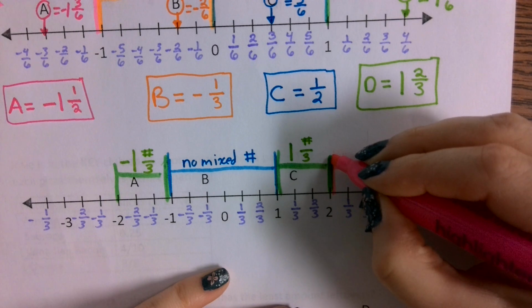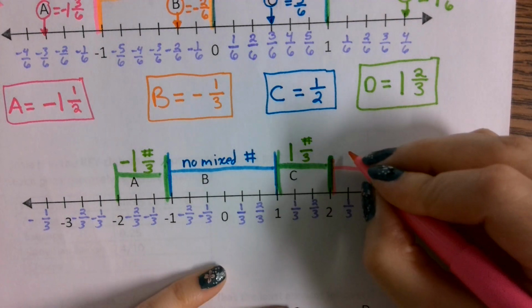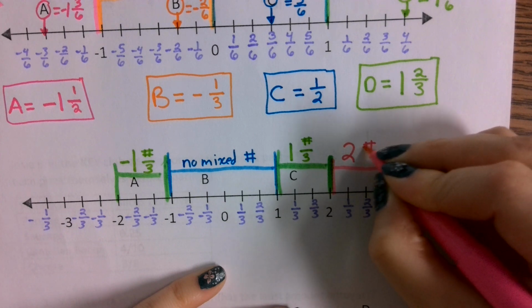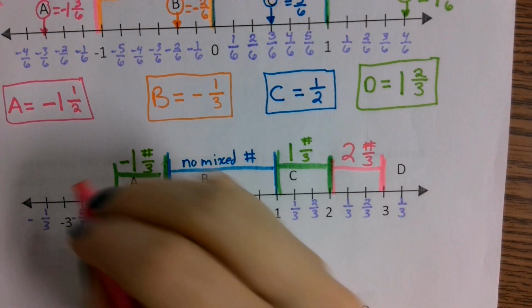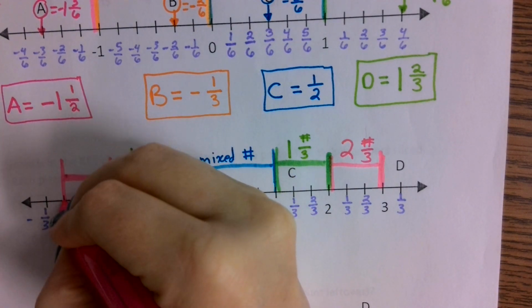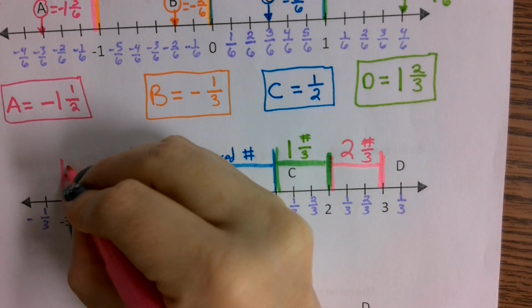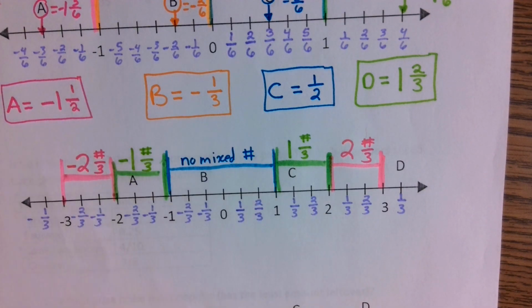A 2. Because once I get to the 2 and move beyond, my whole number is now a 2 and some fraction over 3. Same thing if I'm working backwards, going from negative 2 up to the negative 3, that's going to have a whole number of negative 2 and then some fraction over 3.